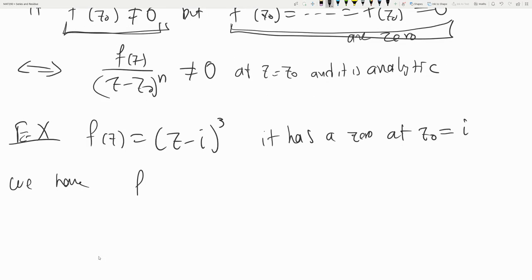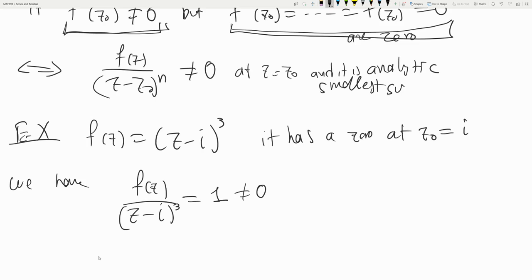We have f of z over (z minus i) cubed. Well, this is just 1, which is not 0. But is this the smallest such n?